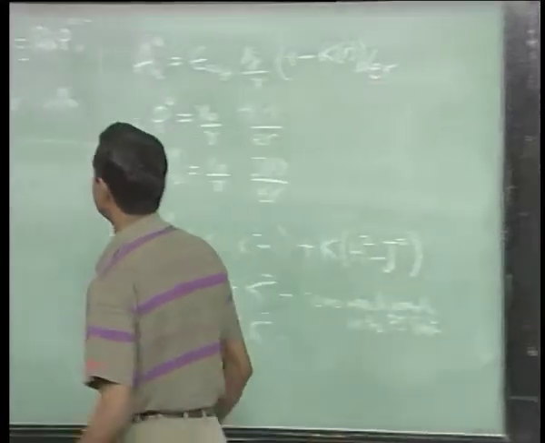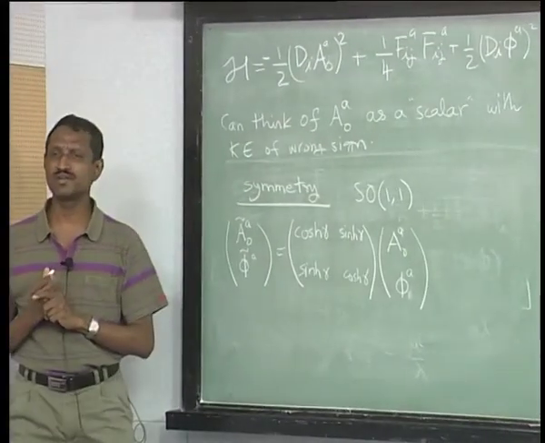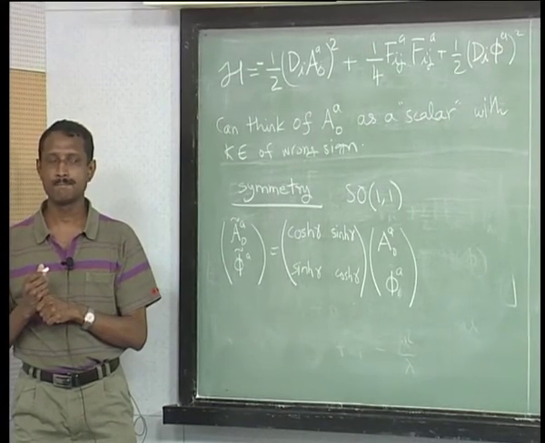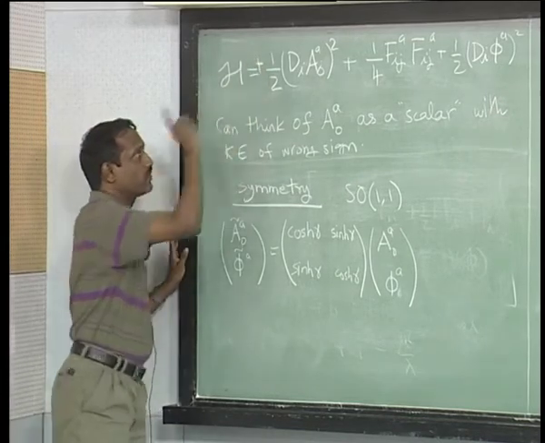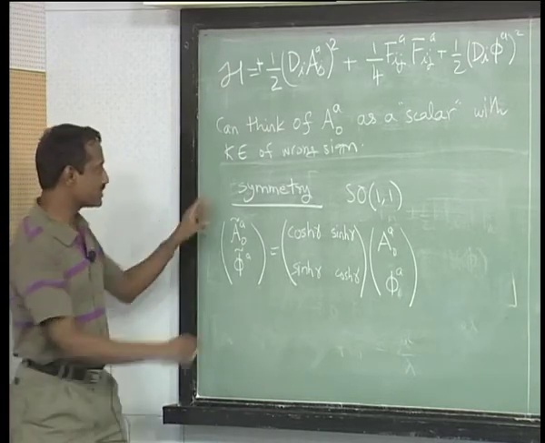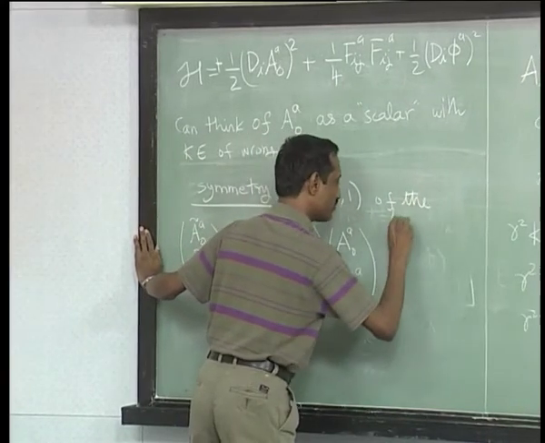Actually I think this is not correct. The Hamiltonian density is positive definite. It was positive definite when we started. When we wrote it, it was a sum of squares. I think this is positive, but the Lagrangian will have the wrong sign. So this is still true, it is a symmetry of the Lagrangian. I was a little bothered by this.